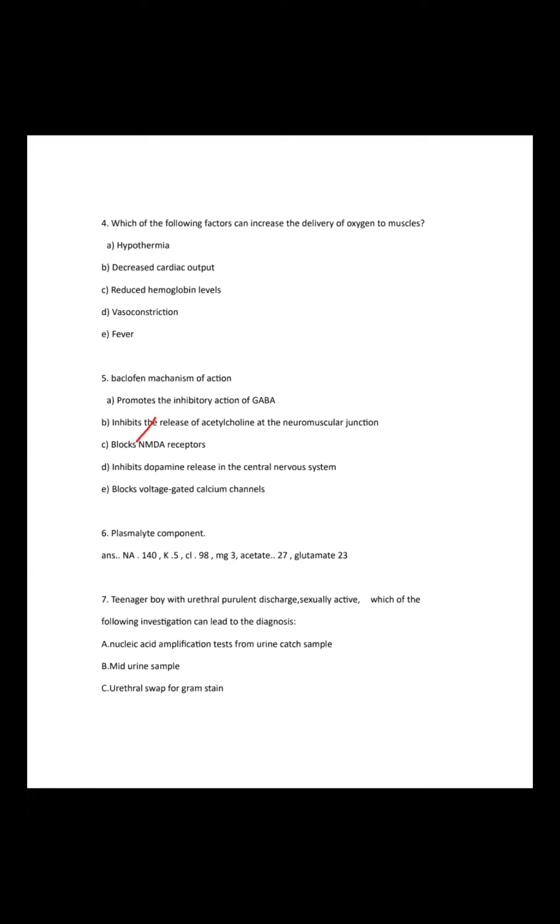Which of the following factors will increase the delivery of oxygen to the muscles? This is related to, of course, the oxygen dissociation curve. The oxygen dissociation curve will shift to the right.